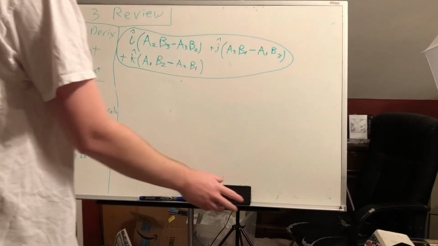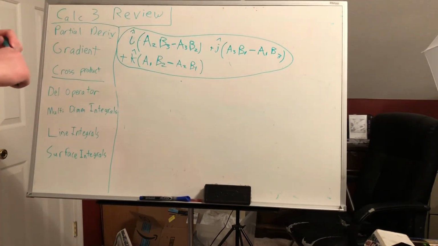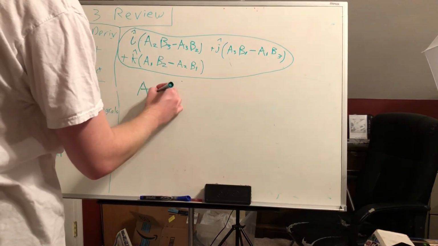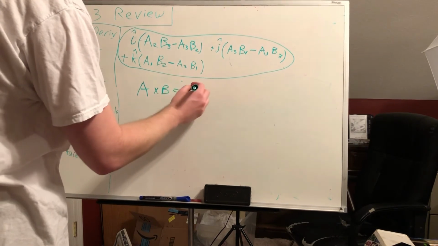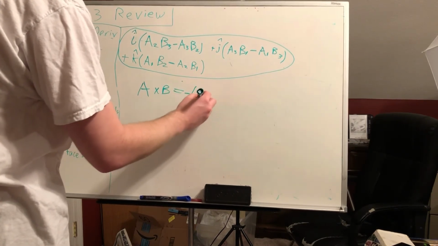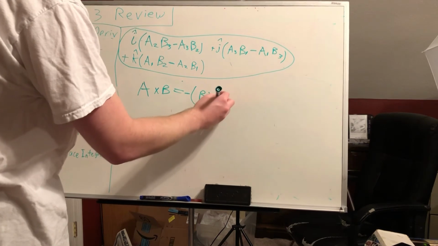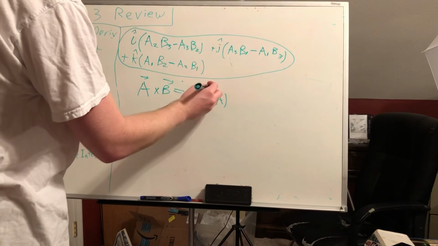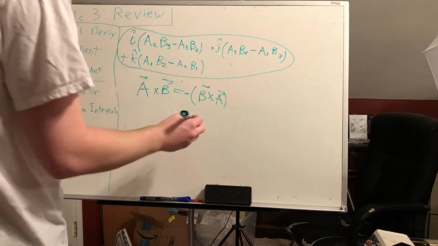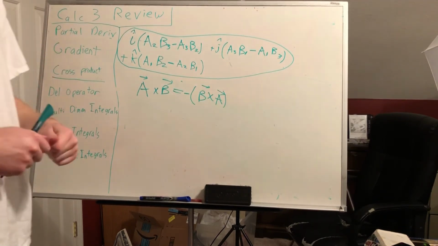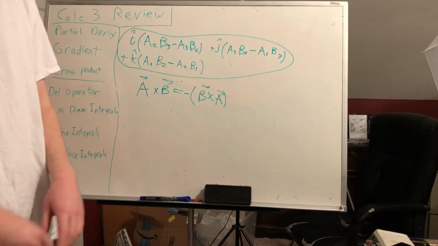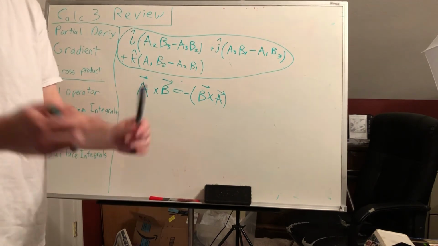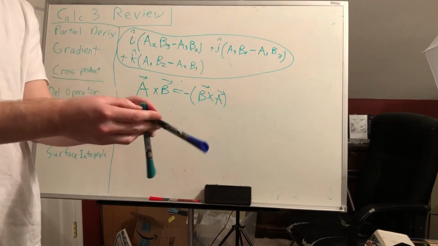a couple quick properties that might be useful for later on. A cross B is equal to negative B cross A. What this means is you can sort of imagine you have two vectors like this.